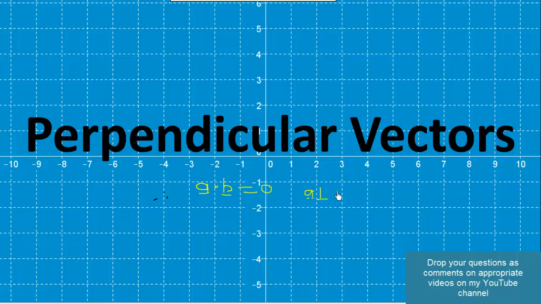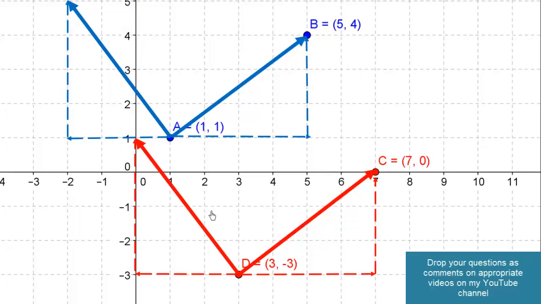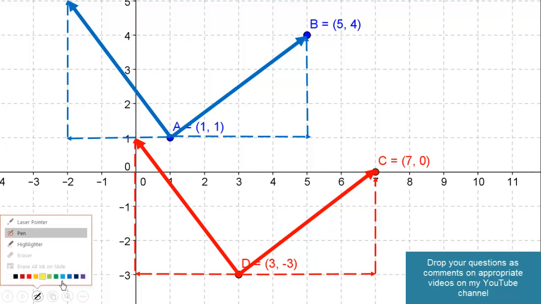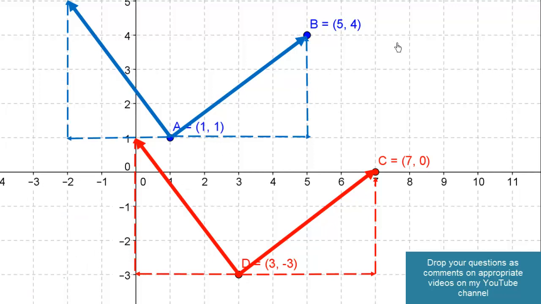So A is perpendicular to B. So I was telling you that a dot product has something to do with the angle between the two vectors. So these are examples of perpendicular vectors.